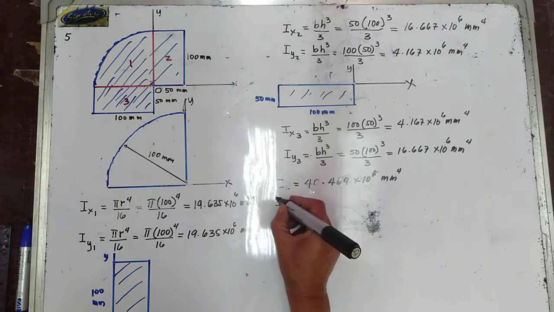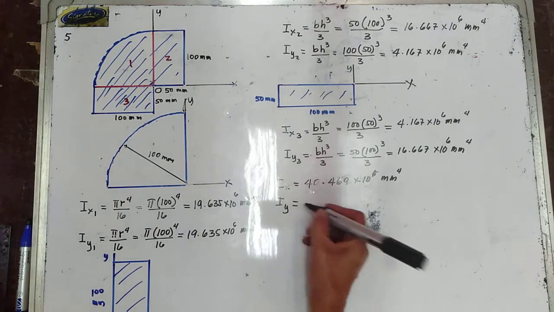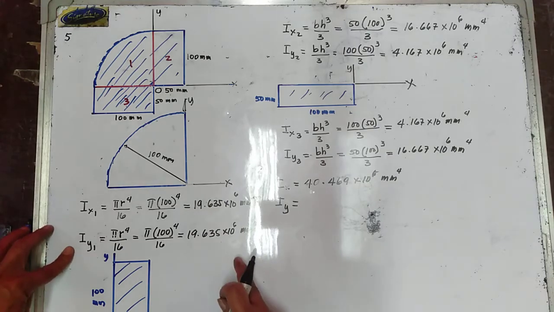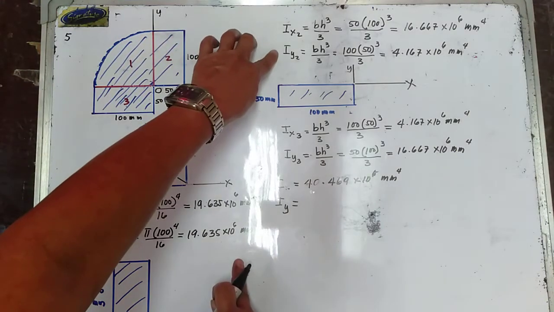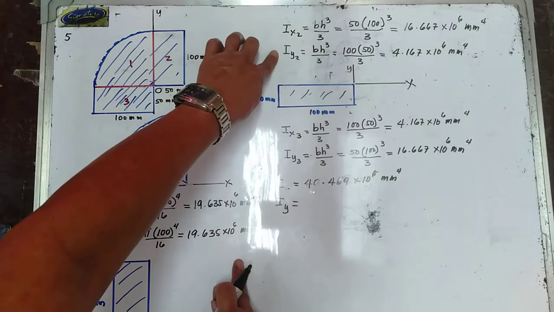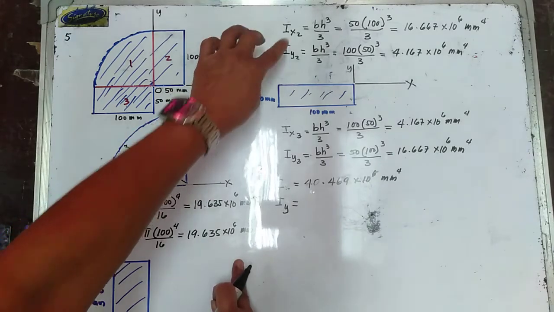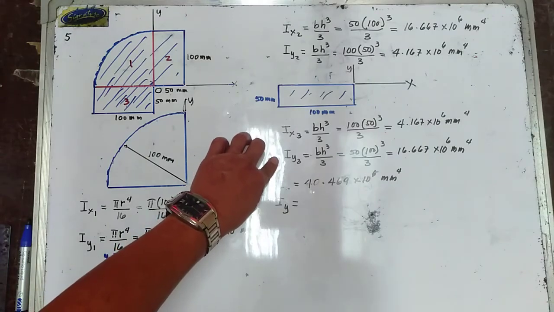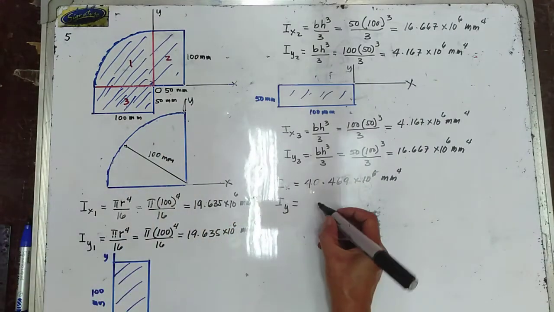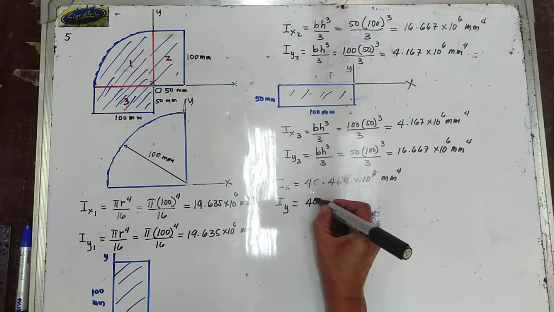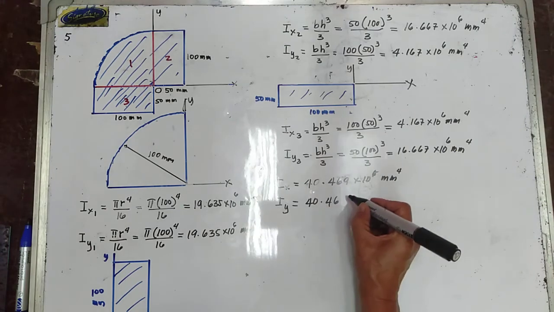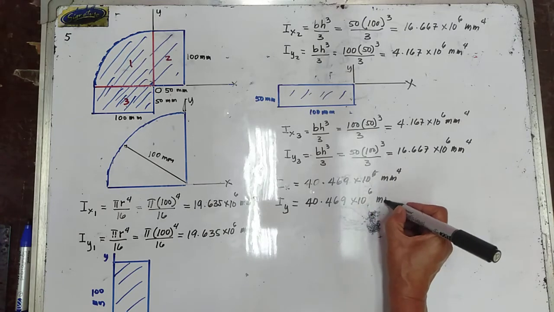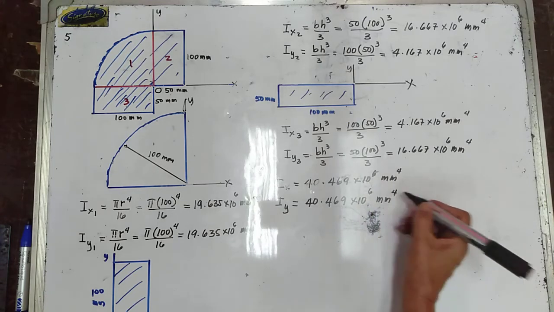And your Iy is equal to Iy1, 19.635 times 10 to the 6, plus Iy2, 4.167 times 10 to the 6, plus Iy3, 16.667 times 10 to the 6, and that is equal to 40.469 times 10 to the 6 millimeter raised to the 4th.